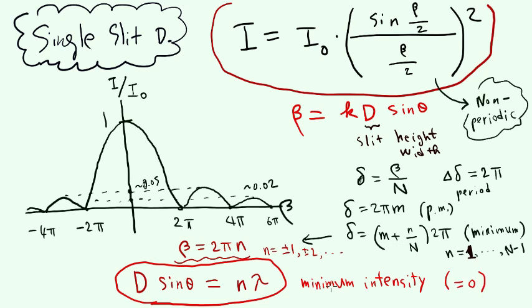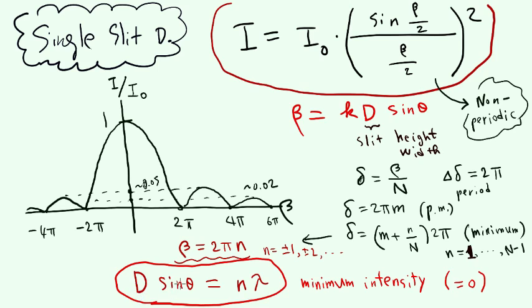So superficially, this minimum intensity condition is sort of the opposite of the double slit maximum intensity condition. I mean, it is the same as the maximum intensity condition if you replace this capital D with a small d, in the case of double slit, representing the slit separation.